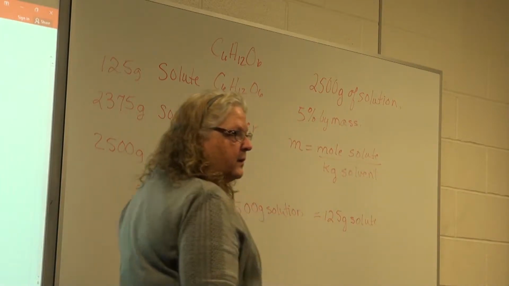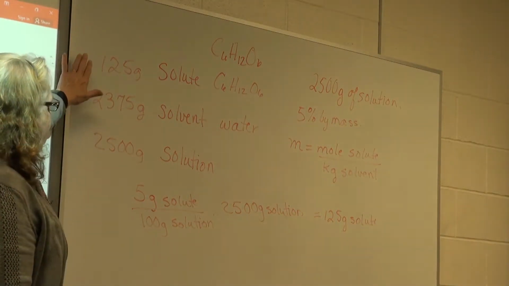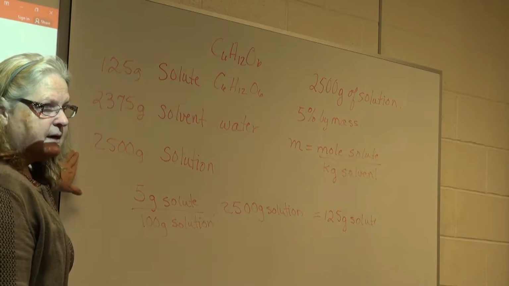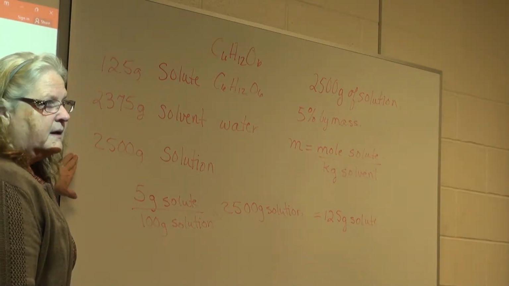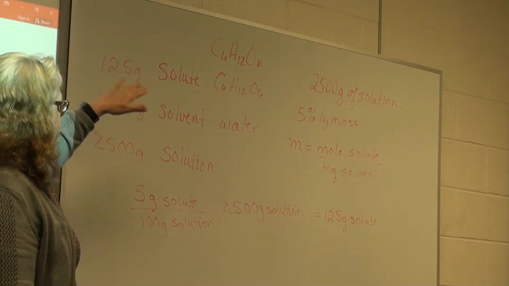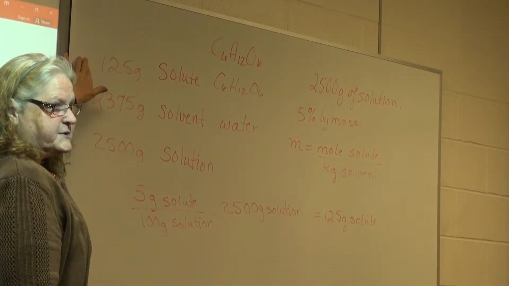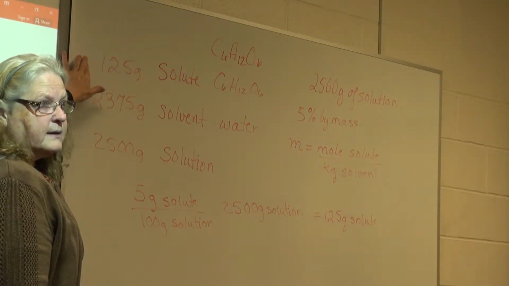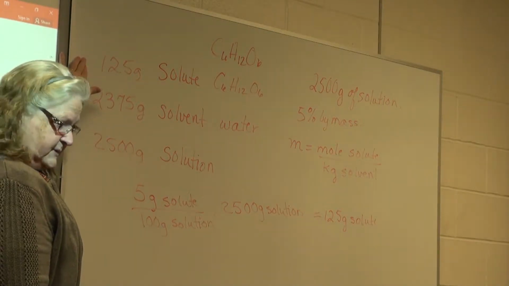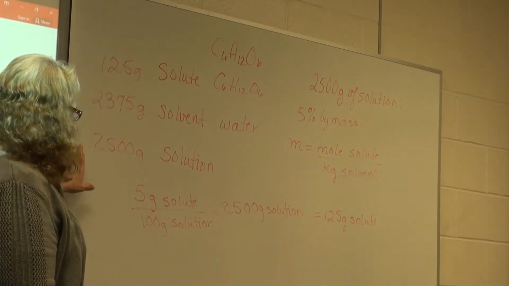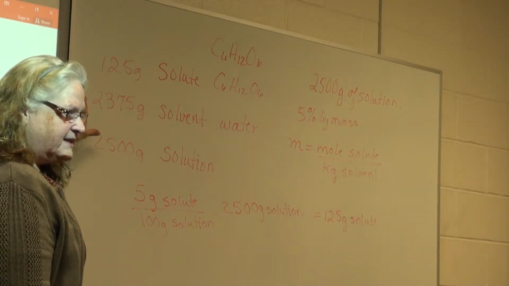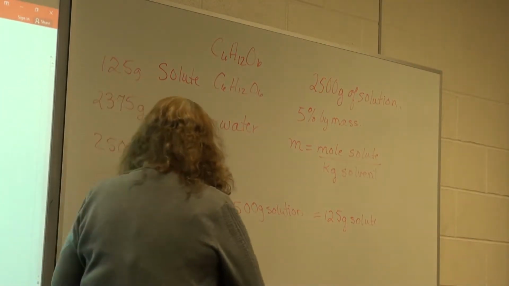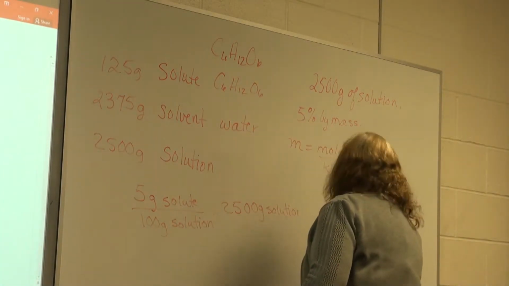Once I've delineated what everything is, I basically just have to get stuff into the right units. My solute is in grams right now, and I'm going to have to change it to moles. My solvent is in grams, and I'm going to have to change that to kilograms. That's what I would set about doing now.